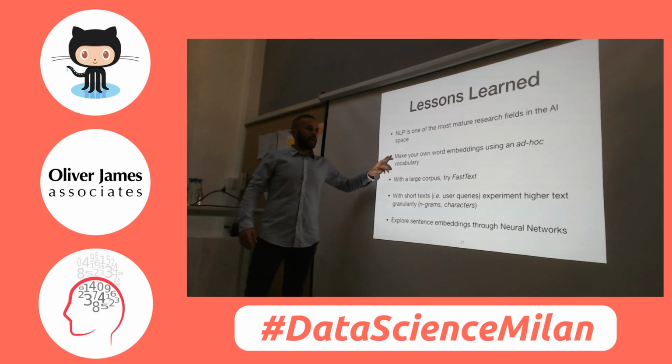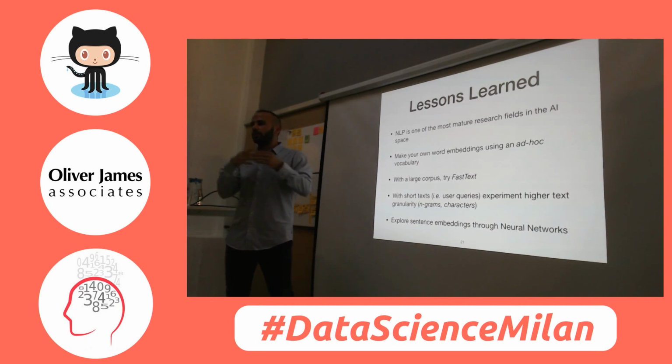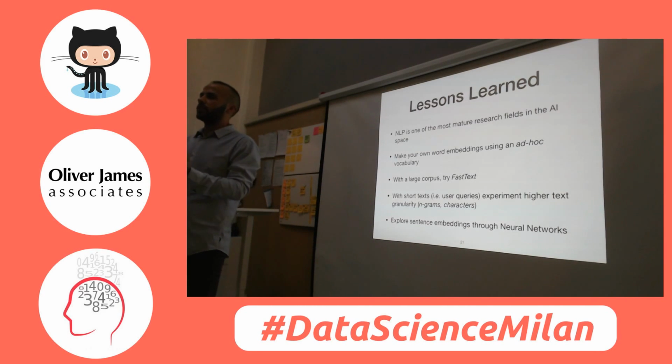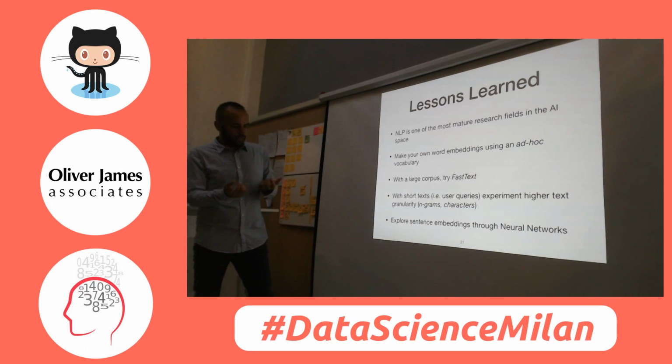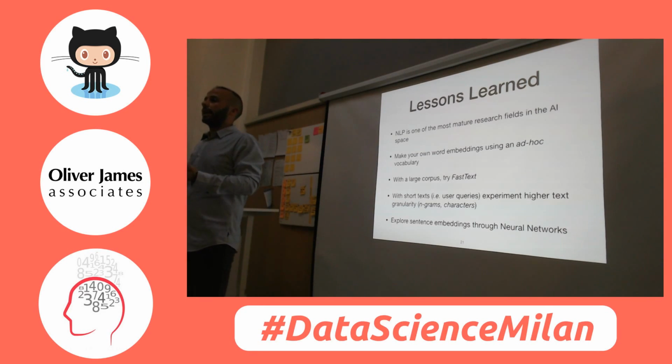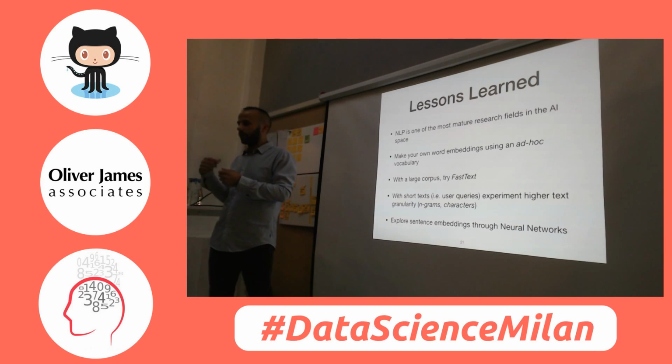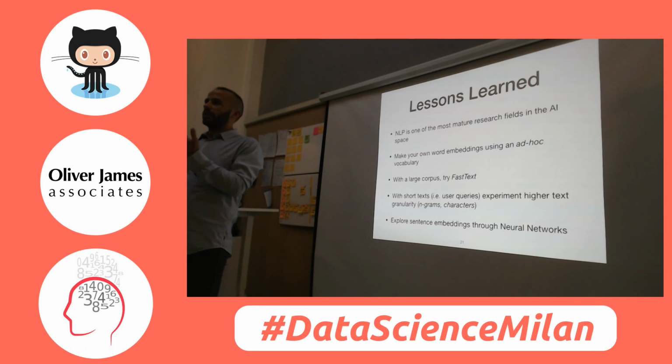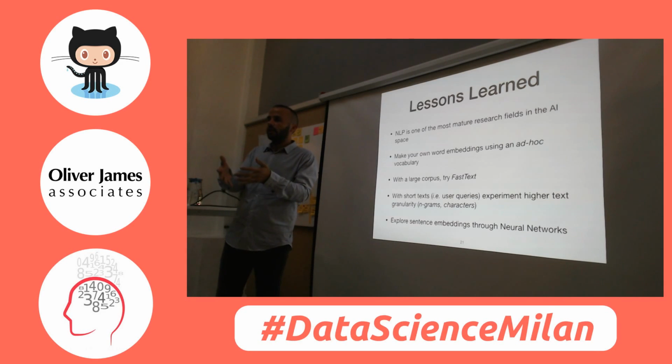Make your own word embedding. We used global vectors, and they didn't work that well. Now, the other suggestion I can make is this: if you work for a bank and you're using text data from a bank, I really suggest you try to create your own data set with some context related to banking.